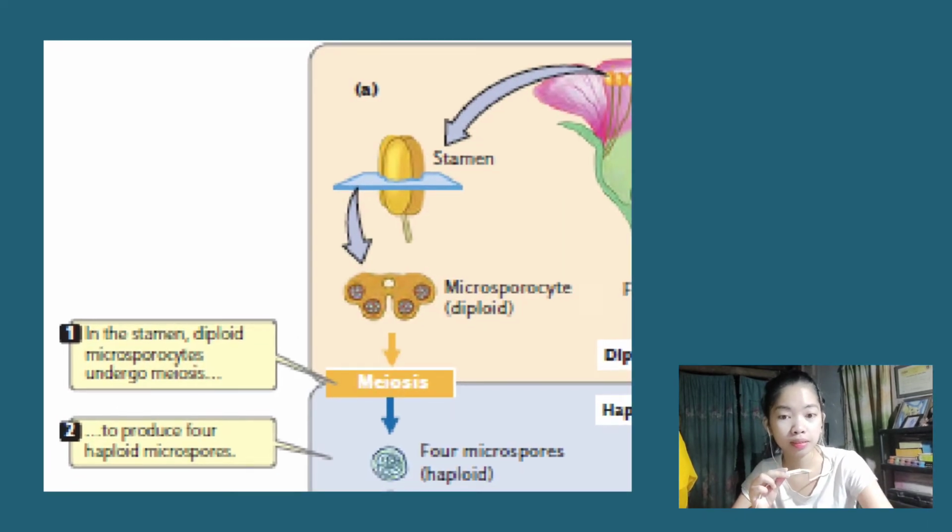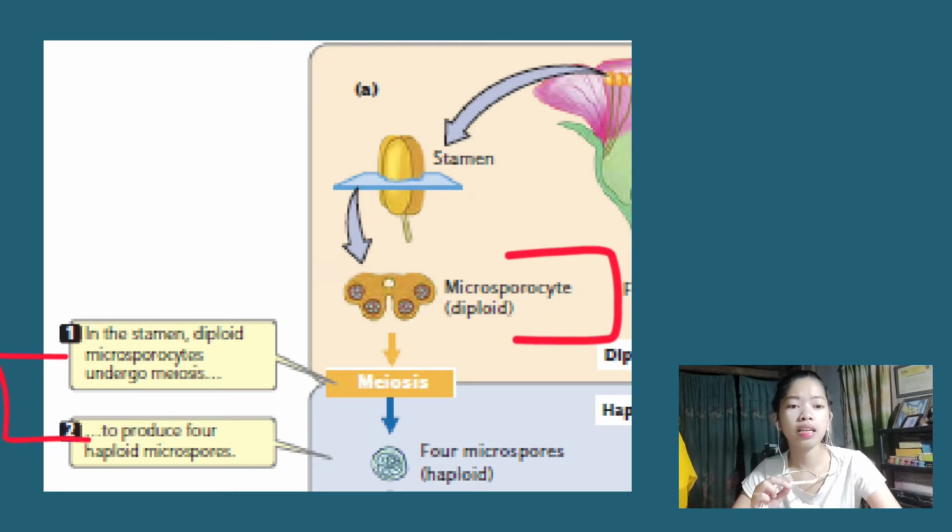In the stamen, the anther contains diploid cells called microsporophytes. In the first and second stages, the diploid microsporophytes undergo meiosis to produce 4 haploid microspores.